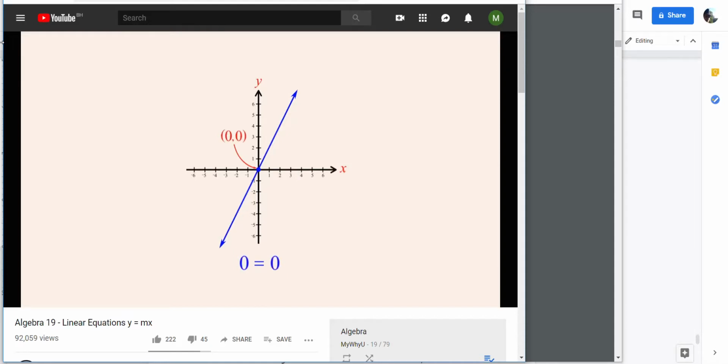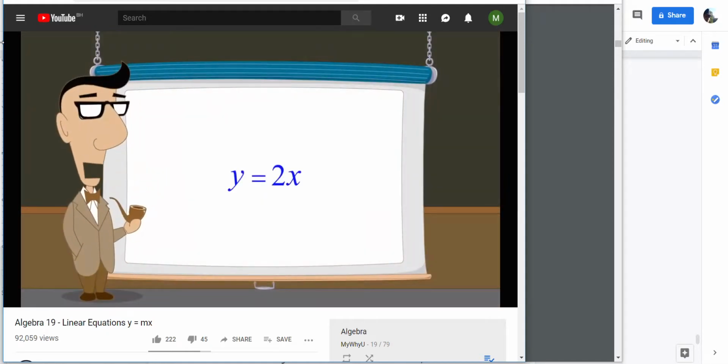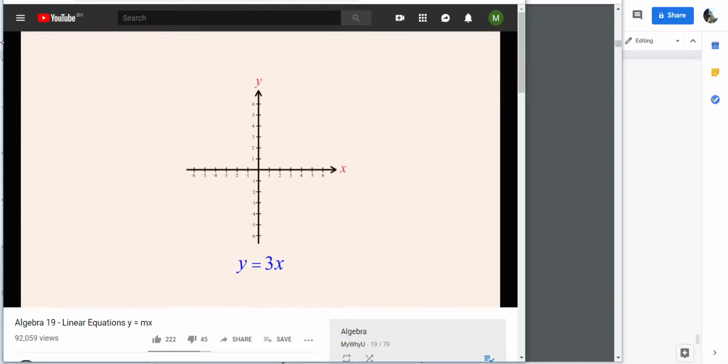Therefore, the point 0, 0 lies on this line. Let's see what happens if we make the x coefficient even larger, say 3. We can see that if x equals 2, y will equal 3 times that value, or 6. So the point 2, 6 lies on this graph.